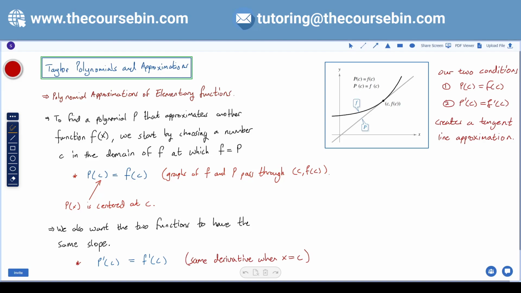Okay, so let me show you an example of what a first degree polynomial approximation looks like.